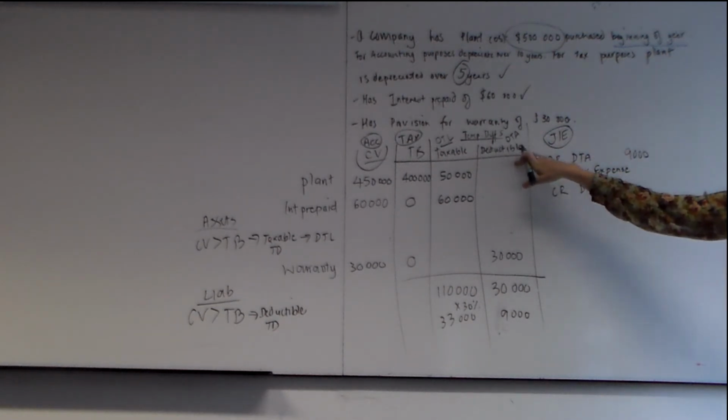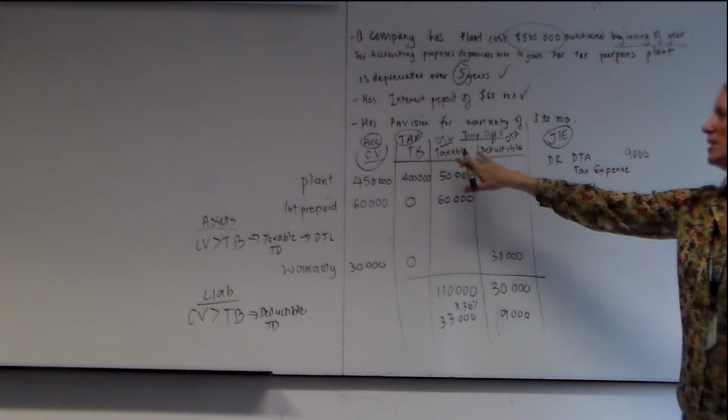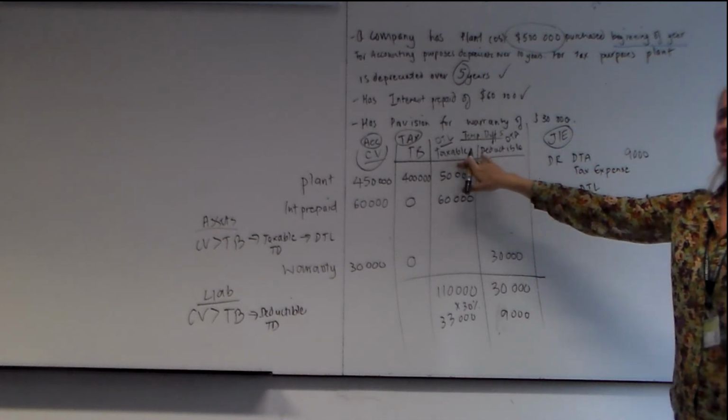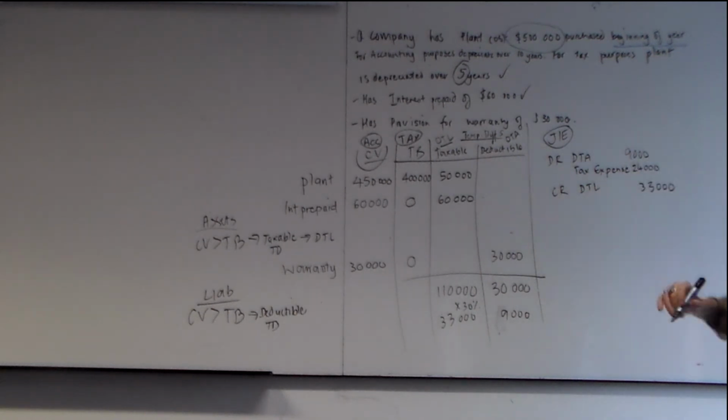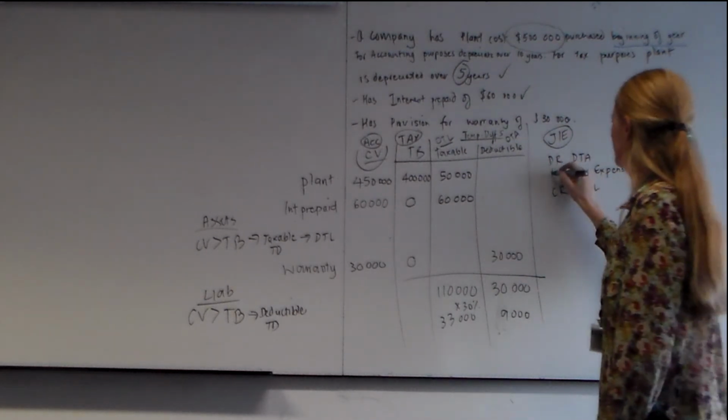Deductible leads to deferred tax assets. Taxable always leads to deferred tax liability. And this is going to be? And therefore, tax expense will be 24. And debit or credit? Debit.